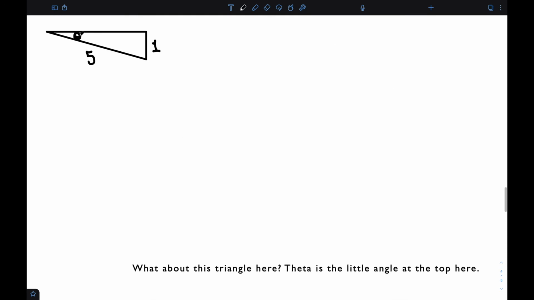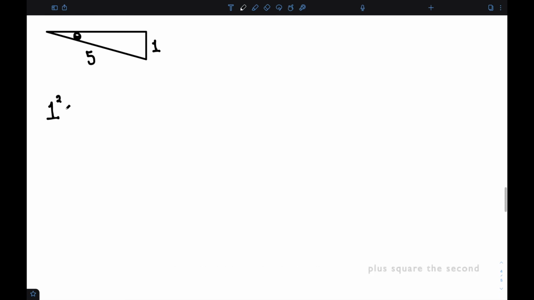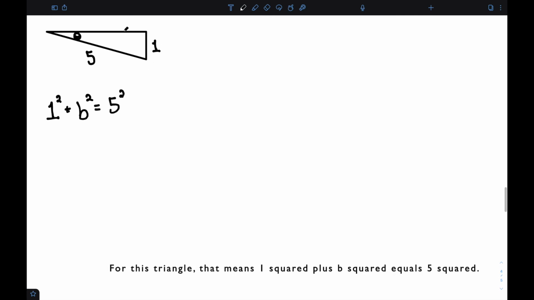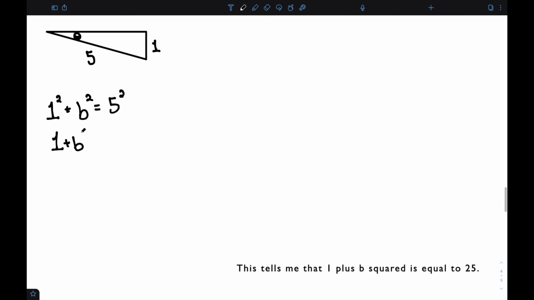What about this triangle here? Theta is this little angle at the top here. The Pythagorean theorem tells me if I square one of the legs plus square the second, I get the hypotenuse squared. For this triangle, that means 1 squared plus b squared equals 5 squared. So this tells me 1 plus b squared is equal to 25.